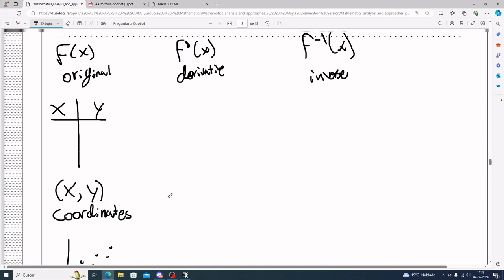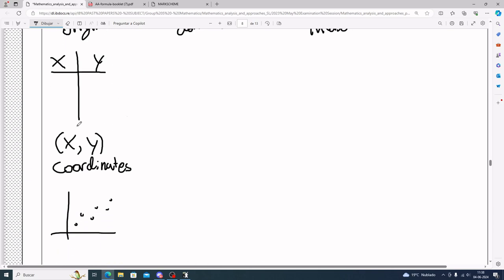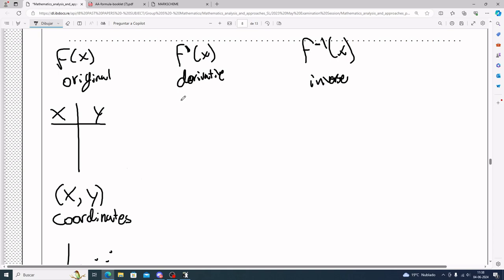In the derivative version, yes, you plug in an x, and technically you get a y, but the y is now not a coordinate. The y is actually now the slope, which is very interesting.